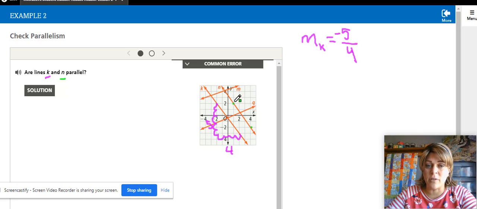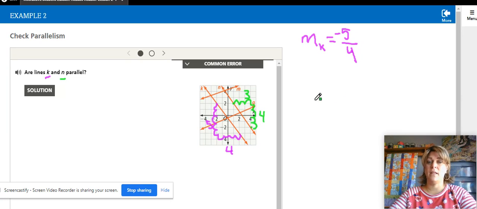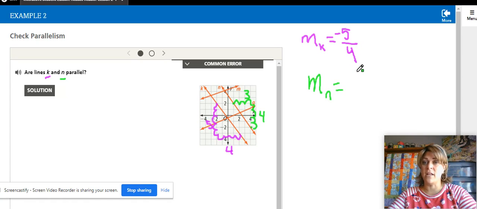So there's another point. So I'm going to count 1, 2, 3. And then I'm going to count vertically. 1, 2, 3, 4. Okay, so my slope of line N equals the rise over run, 4 over 3, and it's negative.